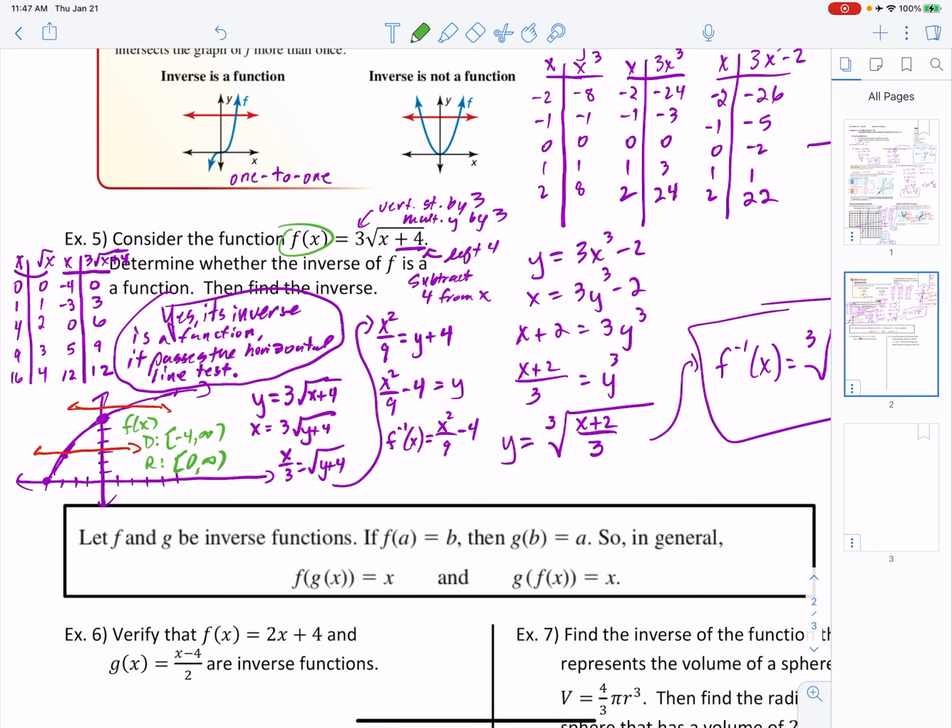So on f inverse, you need the domain to be 0 to infinity. And so that means you need to say that x has to be greater than or equal to 0. Because otherwise you could put negative values in here. This is a parabola and we only need the right-hand side of it.